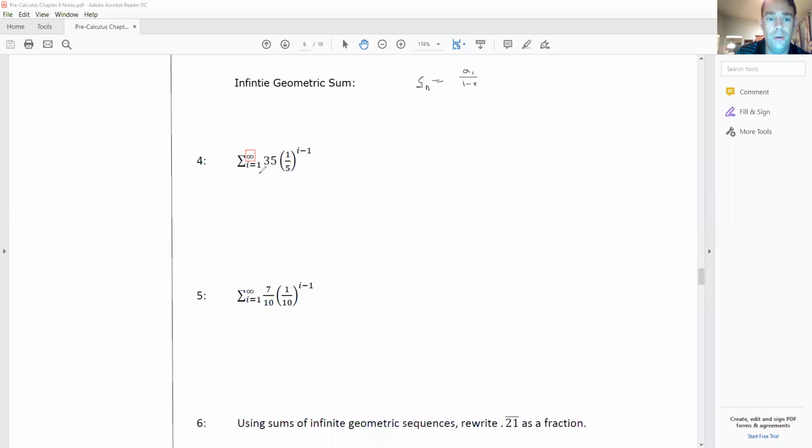So to get the first term, or essentially whatever that lower bound is, so a sub 1, we plug it in here. So we have 35 times 1/5 to the 1 minus 1. So a sub 1 would be 35.